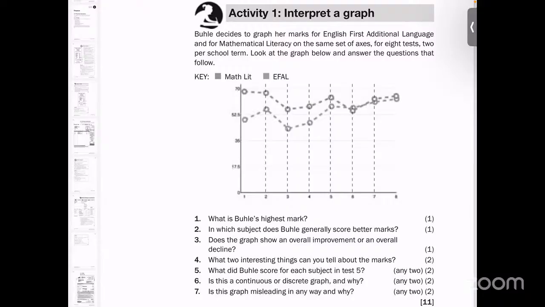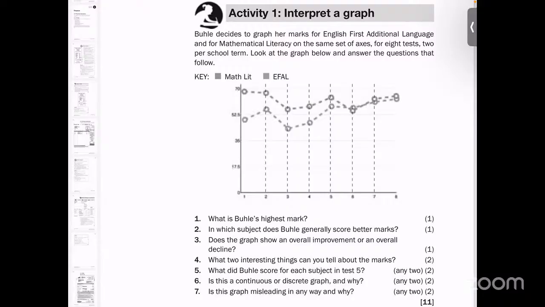So let's see, what are they saying there? They are talking about Boutle. What does Boutle do? Okay, Boutle decides to graph her marks for English first additional language and for mathematical literacy on the same set of axes for 8 tests, 2 per school term.